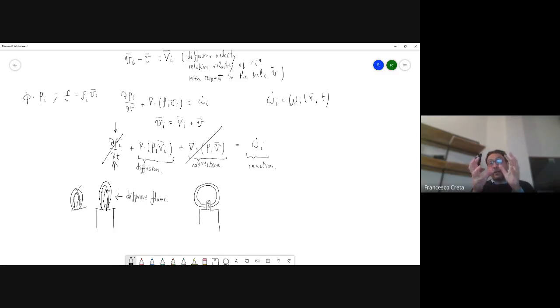That's just a sign of the fact that we've gotten rid of one of the three terms, and so we have to expect that the solution is a solution of a different equation where the convective term is not there, and therefore we are left with a different solution, which is perfectly spherical.